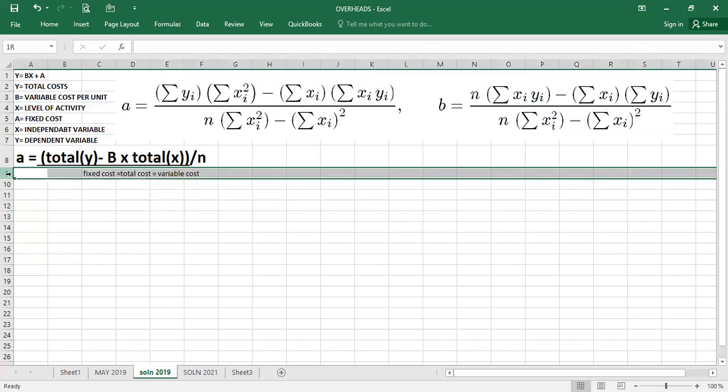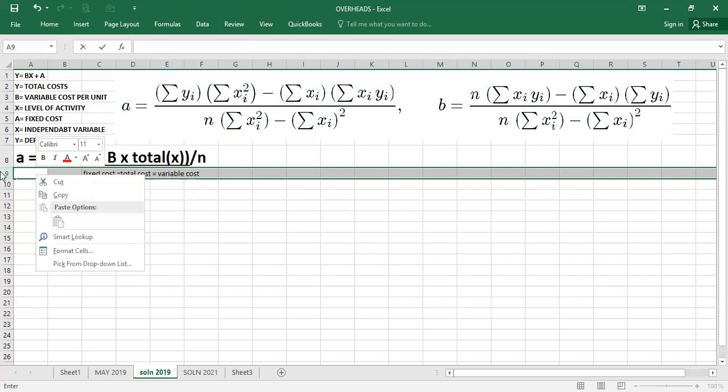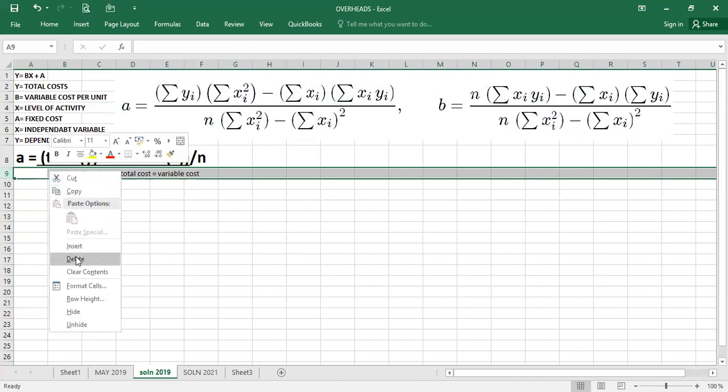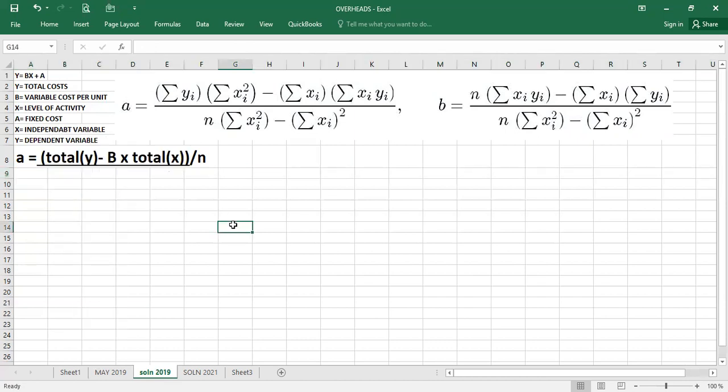Allow me to remove this because I don't think it will be of any use, because you have already known the costs. You can remove that, and that's how we get those formulas.